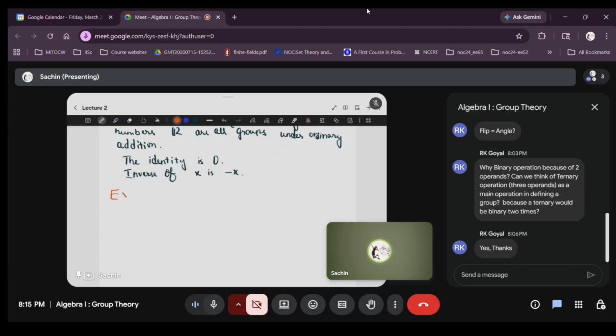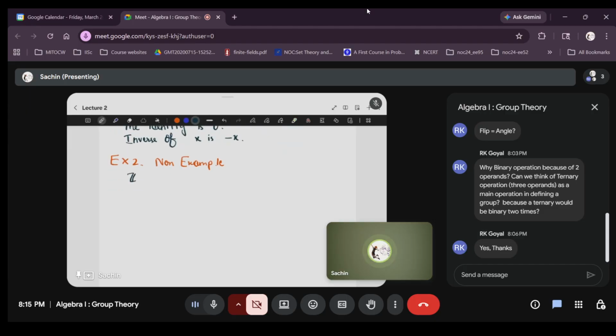Then the second example, which is actually a non-example, or an example of something that is not a group, is the set of integers Z under ordinary multiplication. Why is it not a group under multiplication?